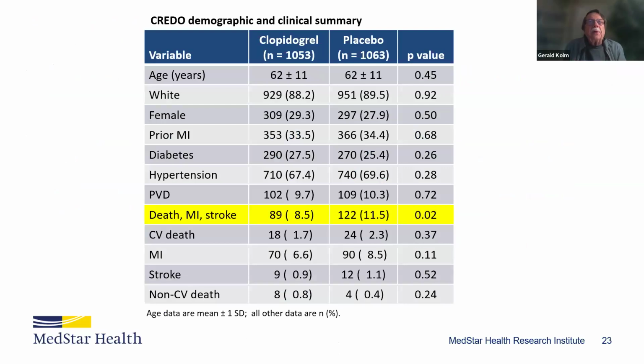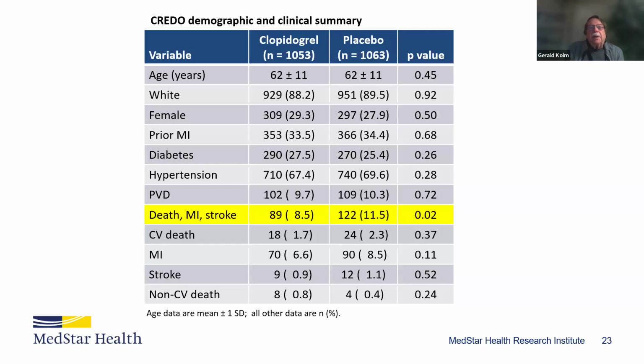So here is our table of demographic and clinical summaries of the trial. And so for the demographic and clinical variables, you can see that there's no difference, which is what you should observe in a randomized trial. And then in terms of the outcomes, you can see that the composite of death, MI, or stroke was statistically significant.